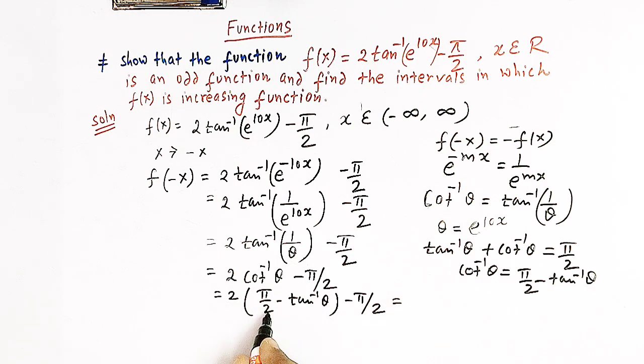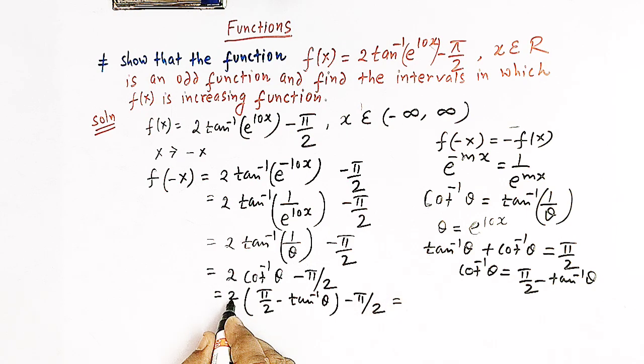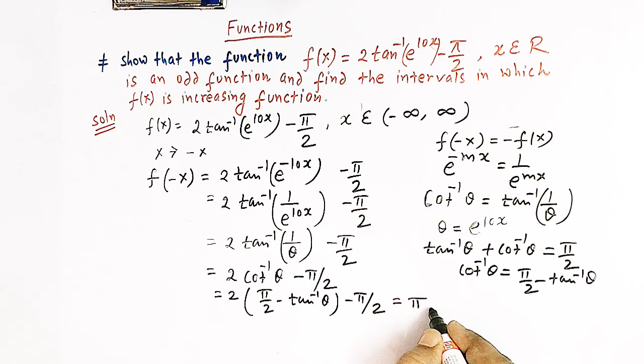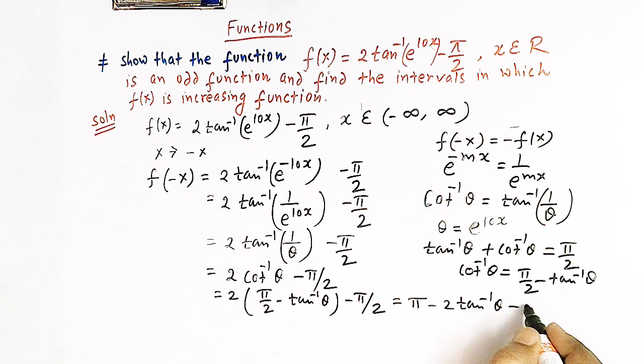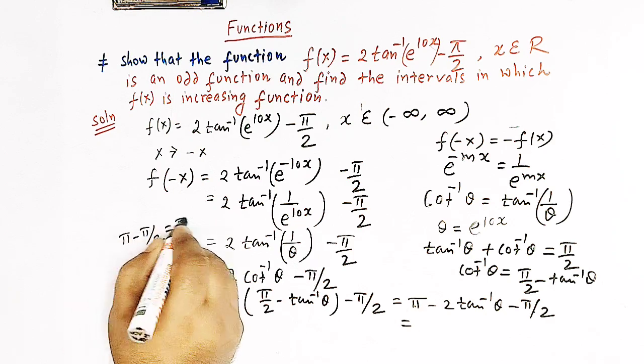So now multiplying these two terms by 2, we have here simply pi by 2, or we can simply write pi because 2 and 2 get cancelled. So here we have simply pi minus 2 times tan inverse theta minus pi by 2. So now pi minus pi by 2 is equal to pi by 2.